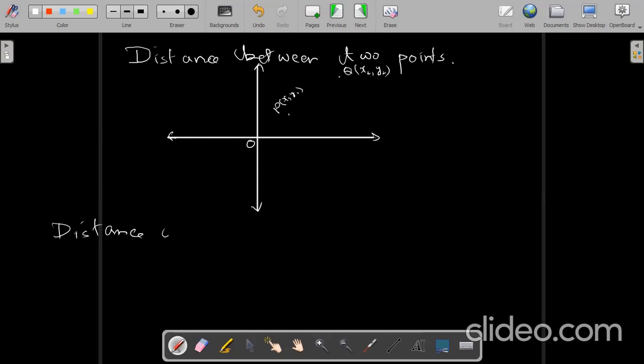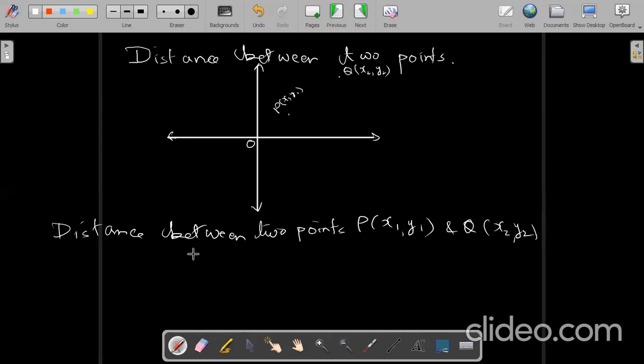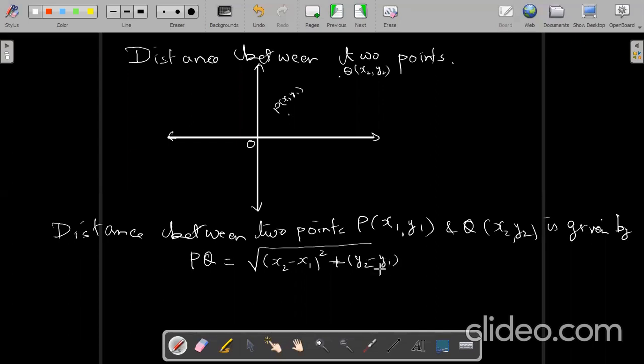The distance between these two points, P whose coordinates are x1, y1 and Q whose coordinates are x2, y2, is given by PQ equals the square root of (x2 minus x1) whole squared plus (y2 minus y1) whole squared.